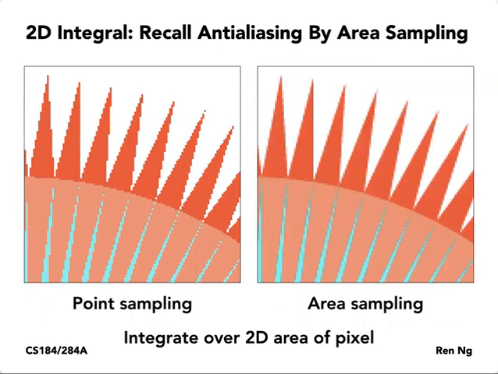2D integrals. So recall when we did anti-aliasing of rasterization of triangles into the frame buffer, one of the ways we did anti-aliasing was to recognize that you could try to take those triangles and calculate the area coverage. So how much of a particular pixel's square area was covered inside the triangle that we were rasterizing.